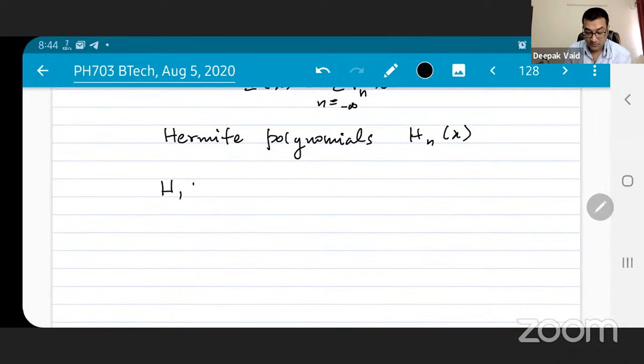H_1(x) is just 1, H_2(x), I think, is x, and then the higher order polynomials have higher powers of x, and so on.